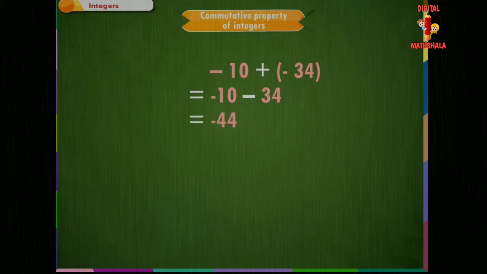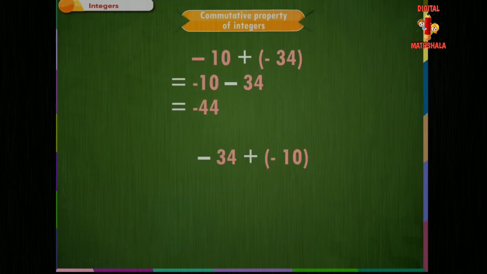After interchanging the addends, we get the same sum. Minus 34 plus minus 10 is equal to minus 34 minus 10 is equal to minus 44.